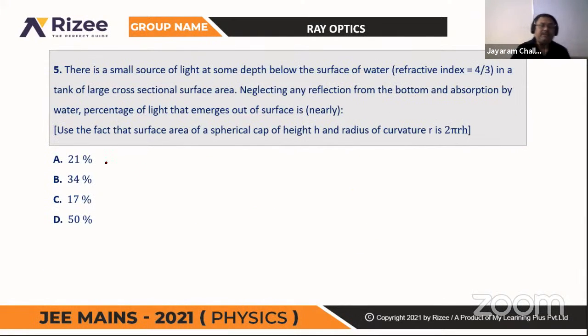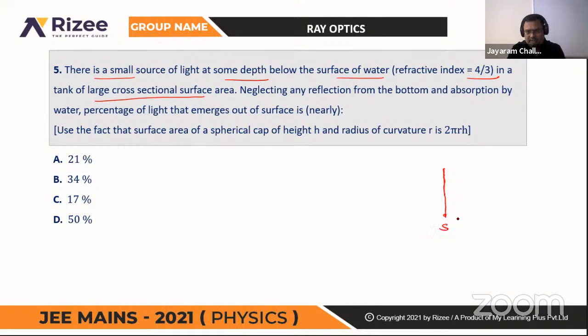So coming to the next type of question, there is a small source of light at some depth below the water surface of refractive index 4 by 3 in a tank. Large cross-sectional area is there. Neglecting any reflection from the bottom or absorption, the percentage of the light that emerges out of the surface. So whenever a source is placed beneath the surface of the water at some depth, what will happen?